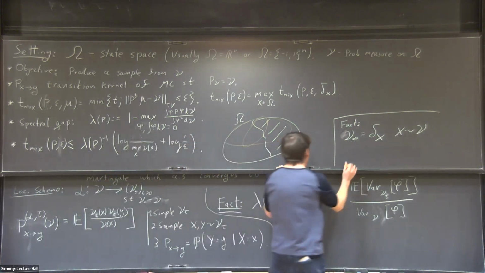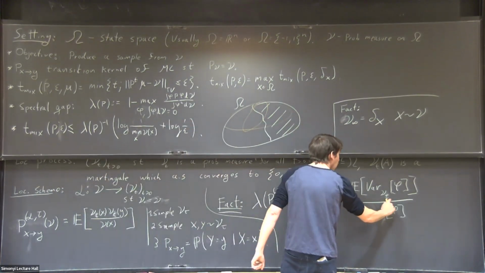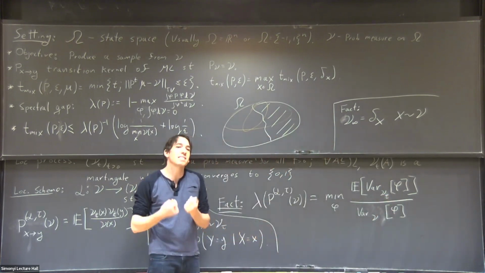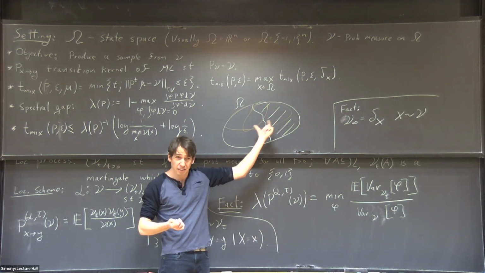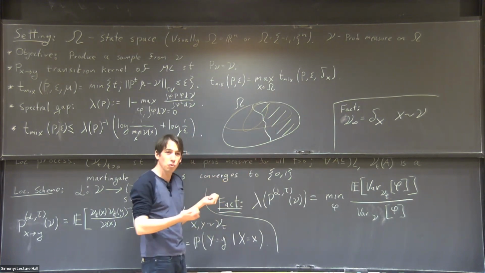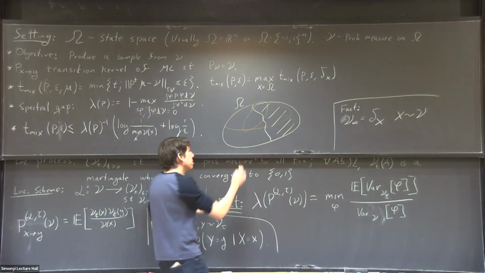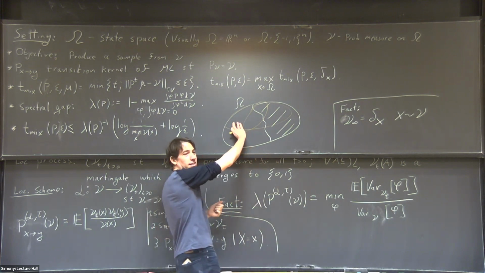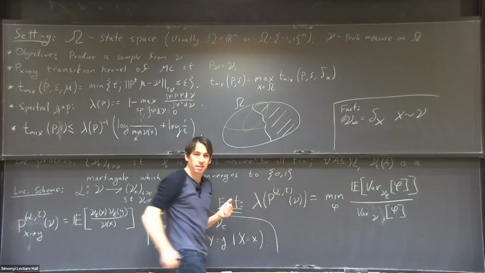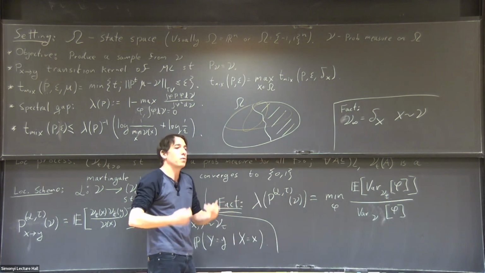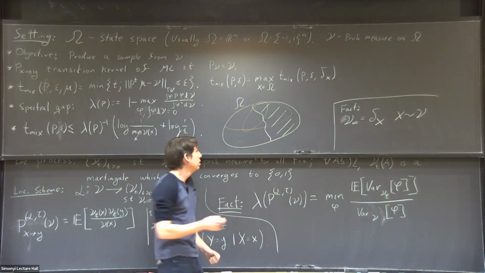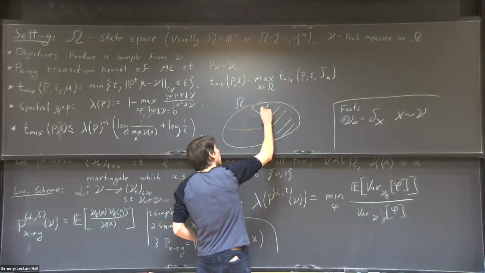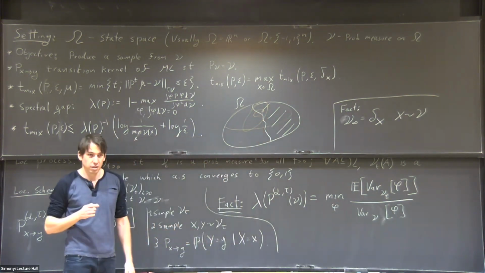And what we want to show is that all the way up to time tau, I still see some variance, which means what in this case? It means that I have zoomed in to a place that's not entirely contained here or entirely contained here. I want to say that I have some probability, which is not negligible, to zoom in to a place that sees the boundary of the set.